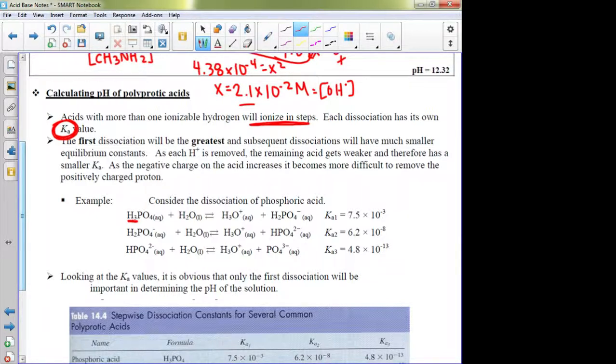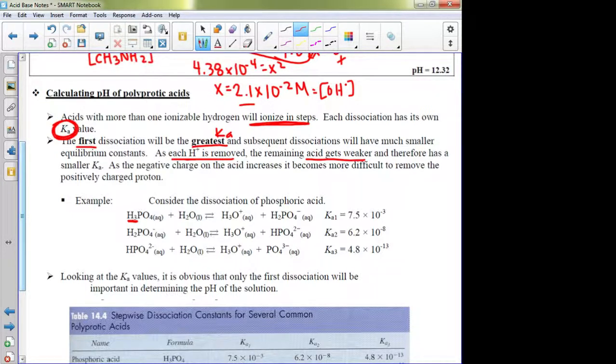The first dissociation always has the greatest Ka. Why? Because it's the first one, so it dissociates faster and it dissociates more hydrogens. After we remove each hydrogen, the acid starts to get weaker.